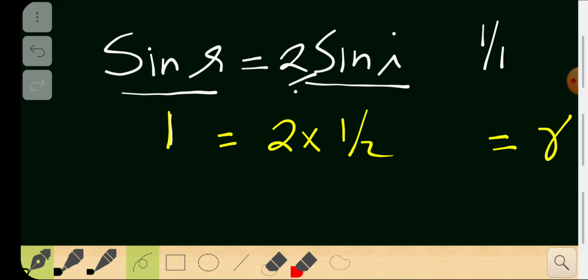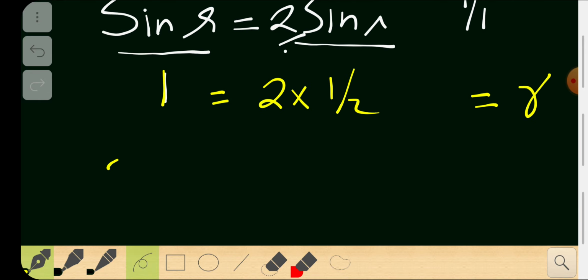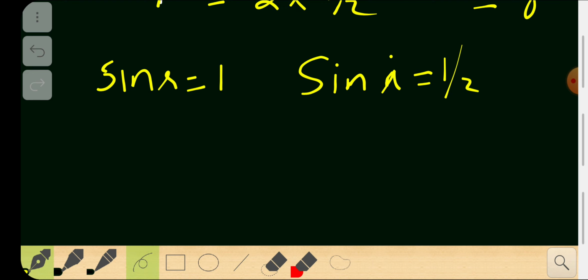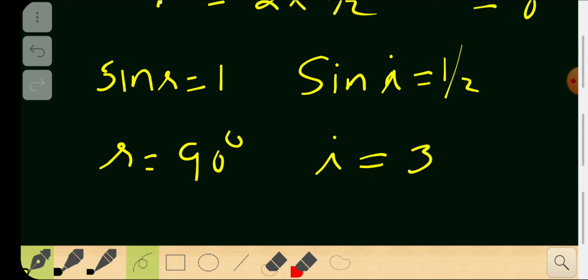Sine r will be 1, and sine of incidence must be equal to 1 by 2. In other words, the refracted angle will be 90 degrees and the incident angle will be 30 degrees. That's the correct option, the correct answer.